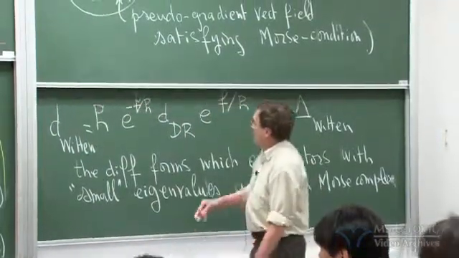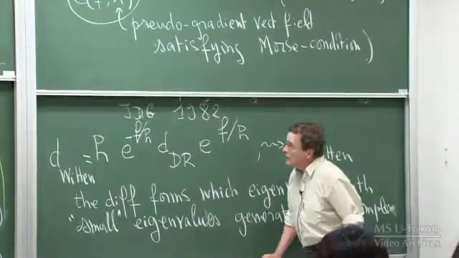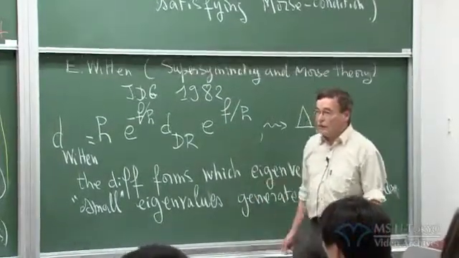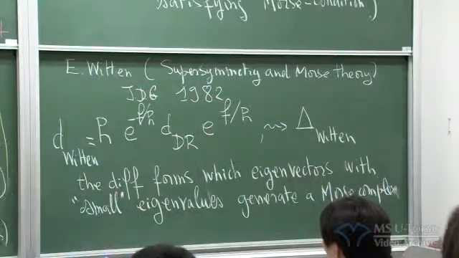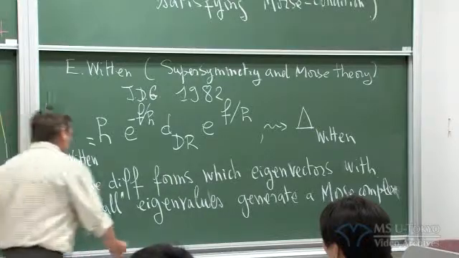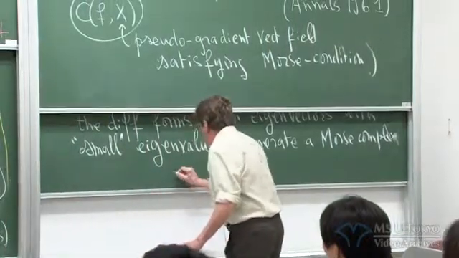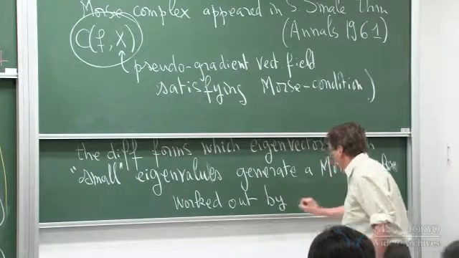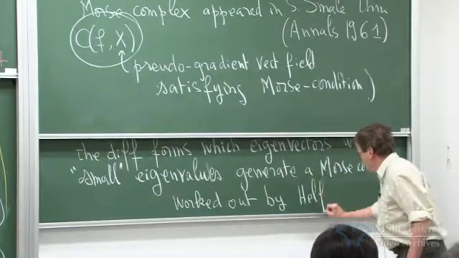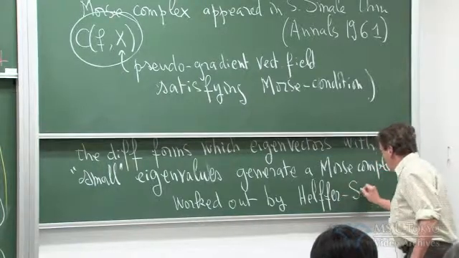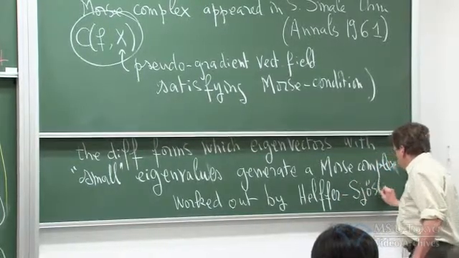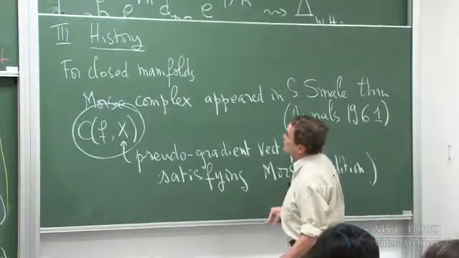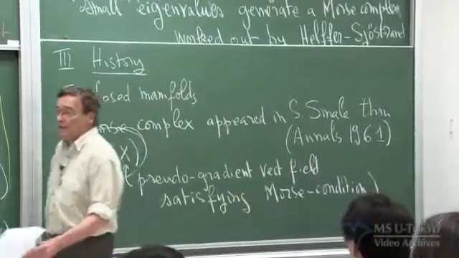The paper by Witten was a sort of program, and there is a lot of work in analysis, and it was worked out by Helffer and Sjöstrand.